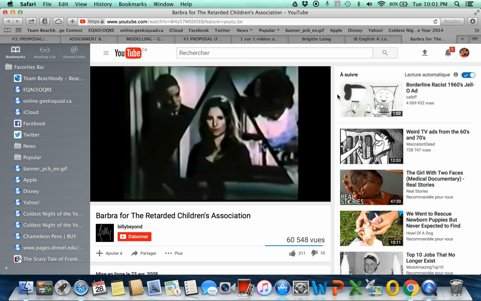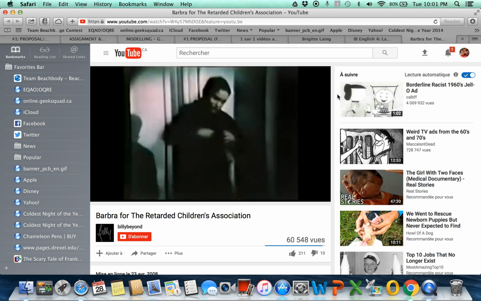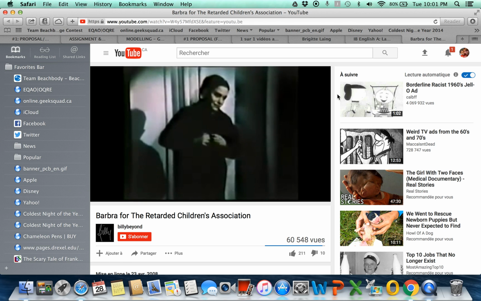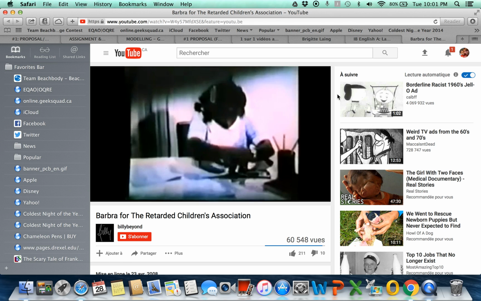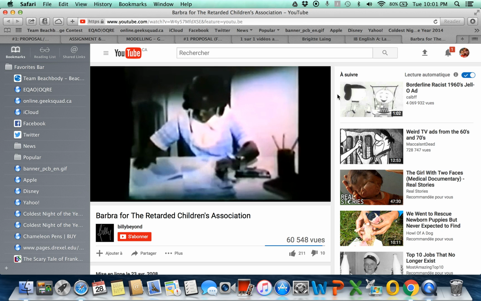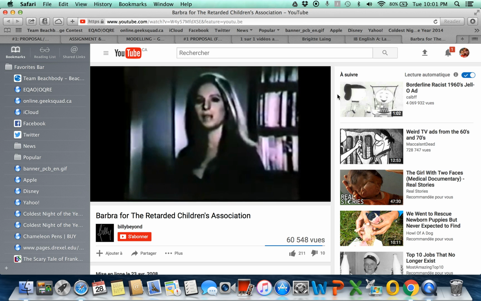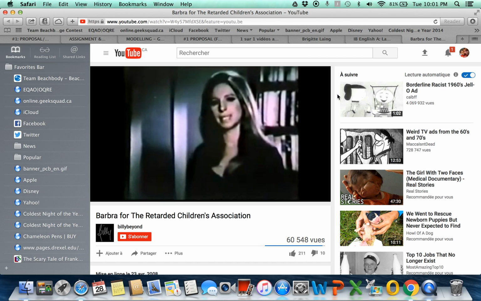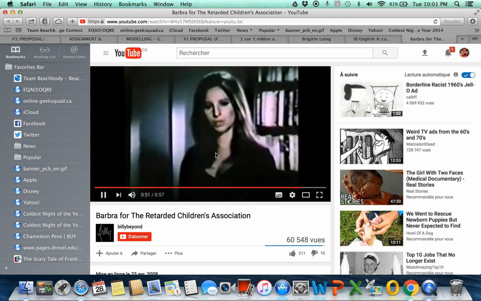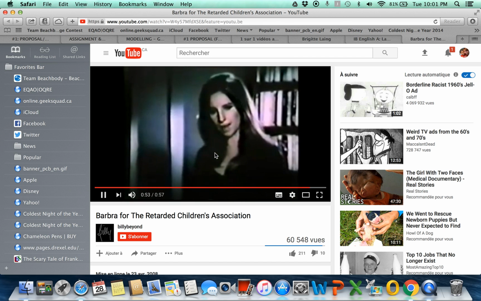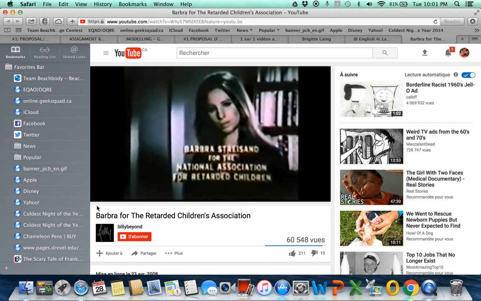But with help, wonderful things can happen. Like a little retarded boy putting on his own hat and coat for the first time, all by himself. Or maybe a teenager will learn how to work at a job and feel useful, needed, self-supporting. The retarded are people who need people. They can be helped. Won't you support the work of your local unit of the National Association for Retarded Children?